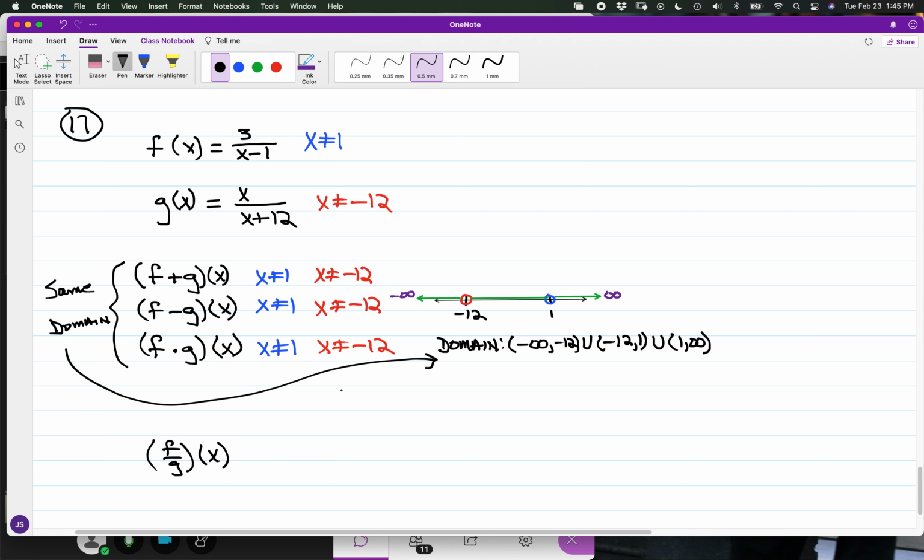Now the quotient function can be the odd man out in terms of having its domain carried out. So we have f over g of x, which is f of x over g of x. Again, f of x is 3 over x minus 1, and for g of x, we have x over x plus 12.